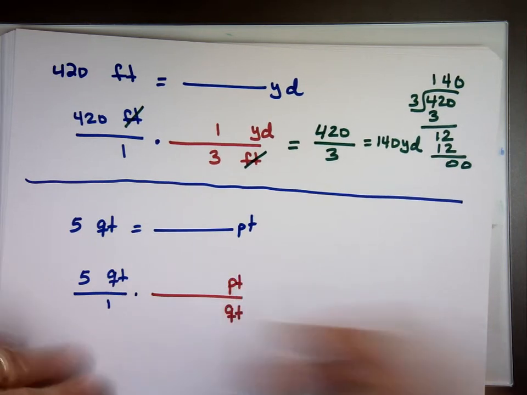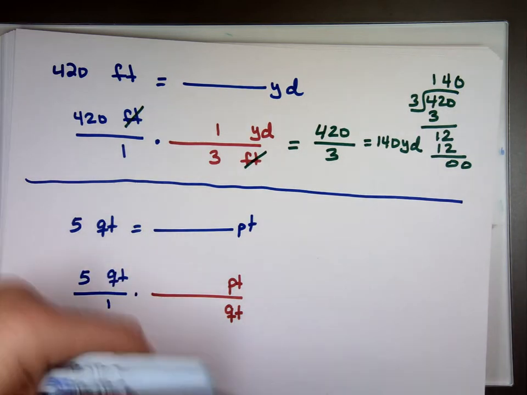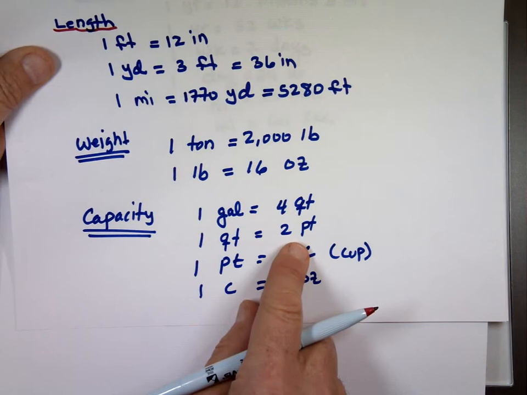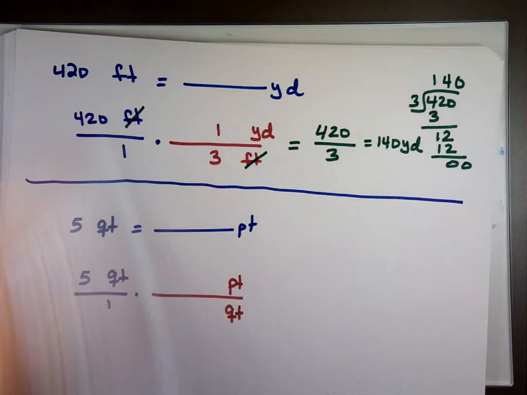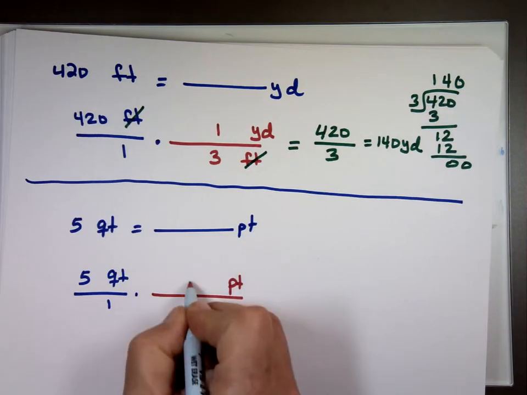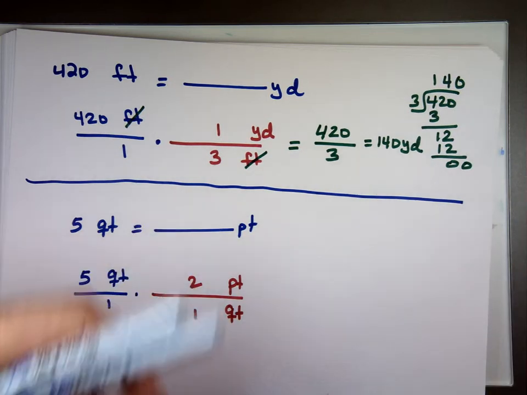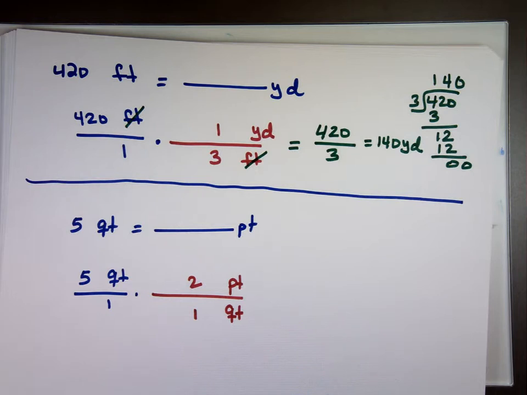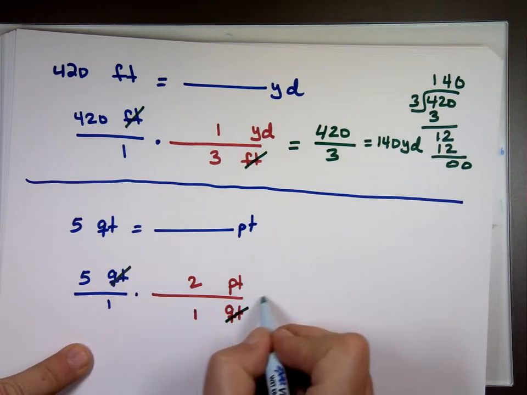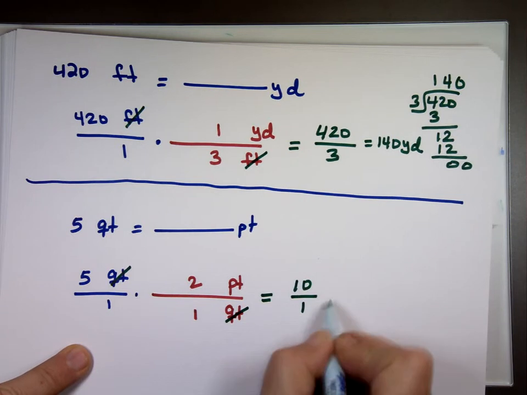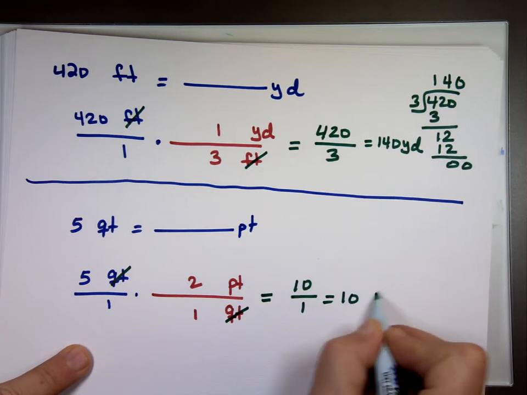Let me go to my unit here. 1 quart has how many pints? 2. So do we divide or multiply now? It looks like we're multiplying. 5 times 2, 10 over 1, which is what? 10 pints.